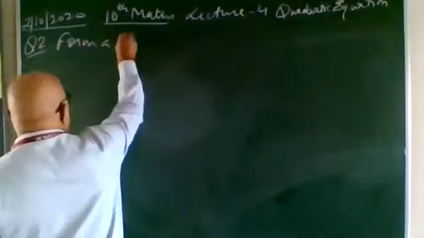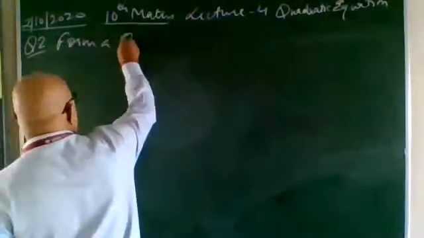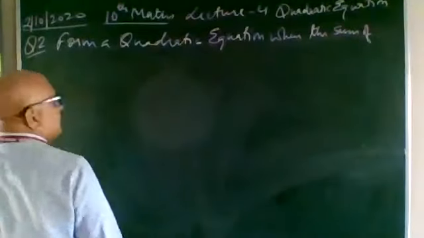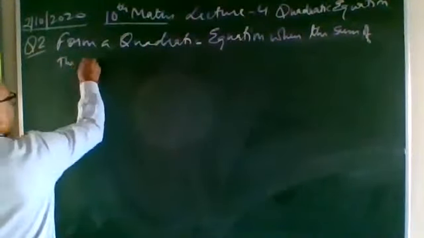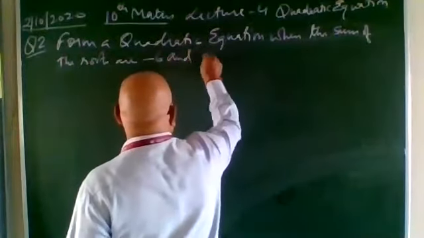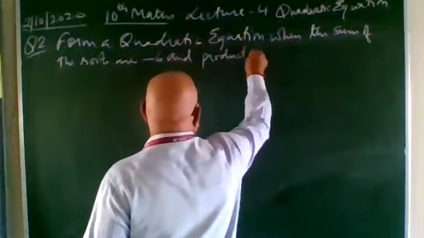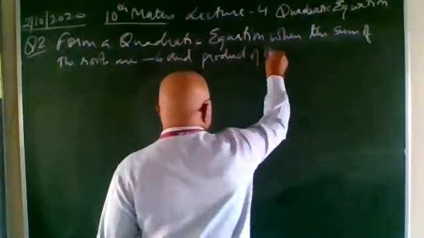Form a quadratic equation when the sum of the roots is -6 and product of the roots equal to 8.